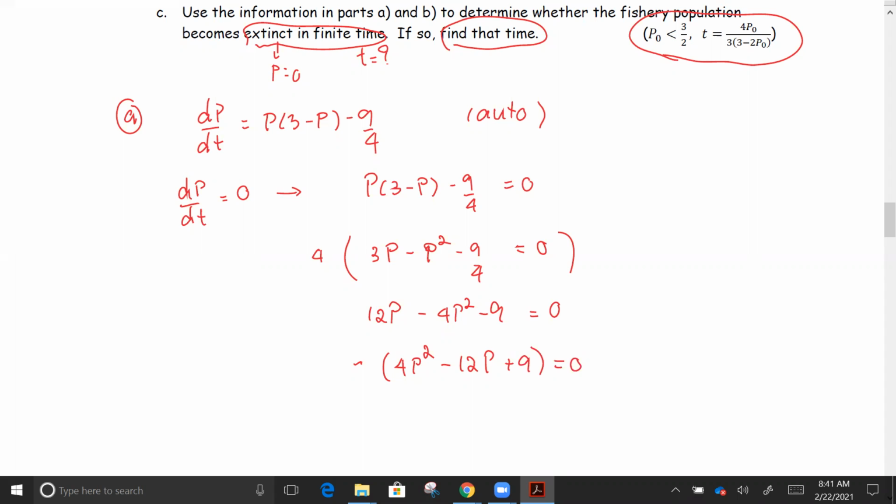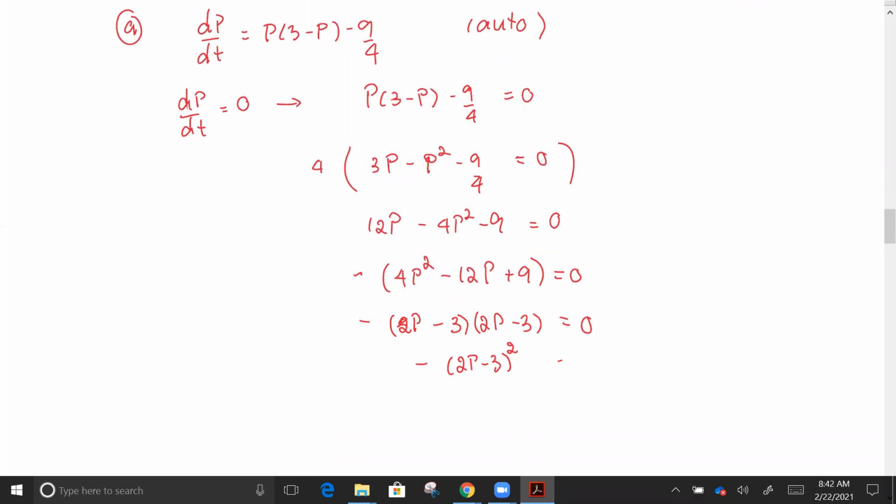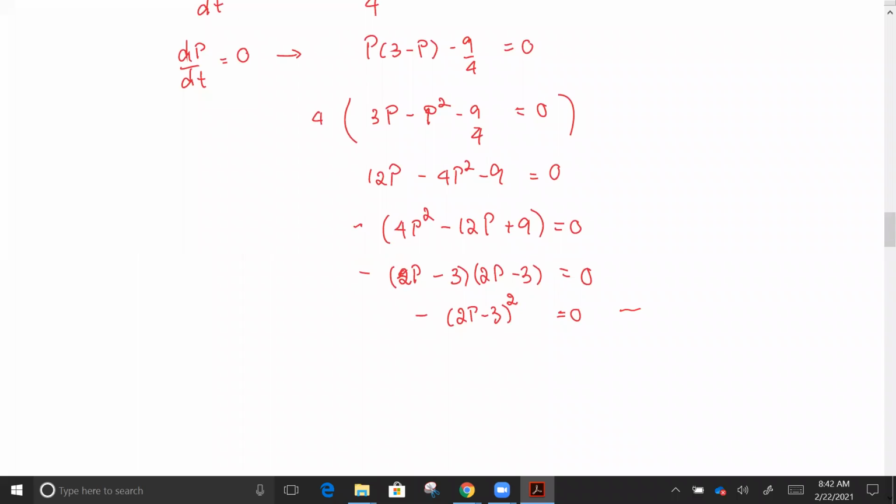With this, we can see that this is a perfect square, or you can factor it: 2P minus 3 times 2P minus 3 equals 0. Or we can see this is (2P minus 3) to the second power equals 0. Now we have the critical number P equals 3 over 2.